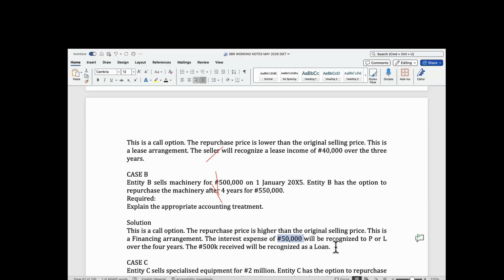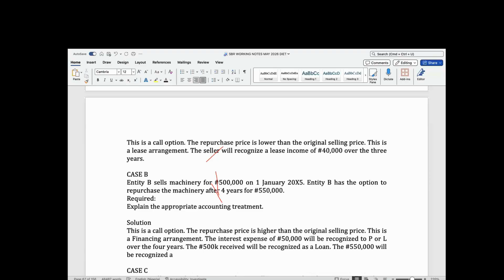Yes, it should increase it. That's correct. Absolutely correct. And finally, the 550,000 will be recognized as a repayment of loan. So what will be the double entry for this?